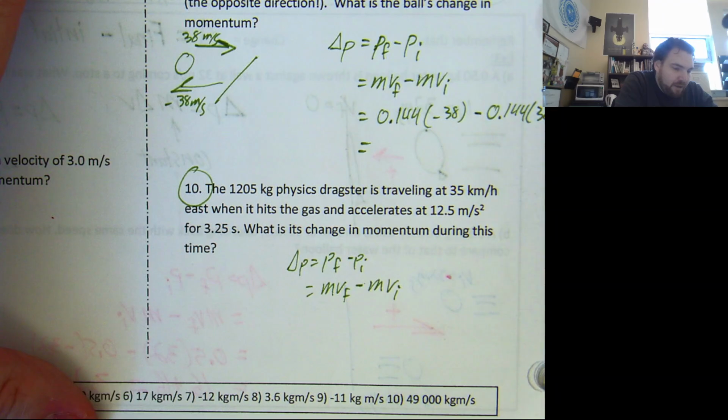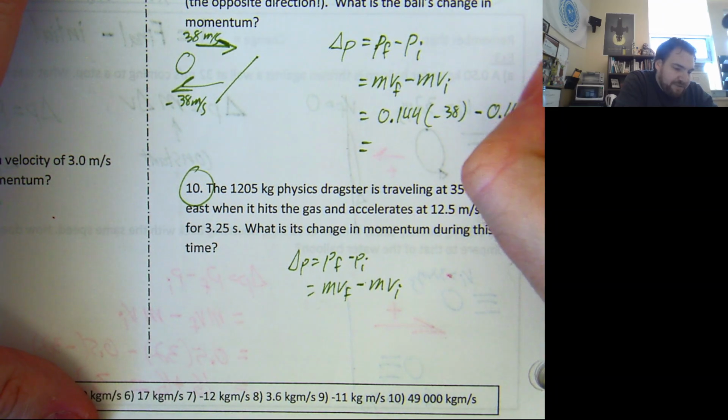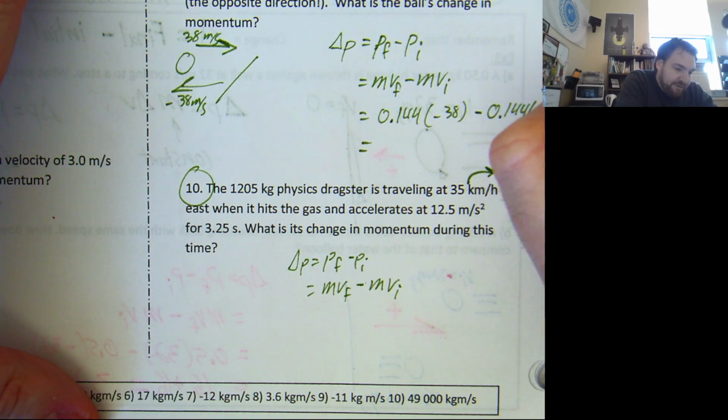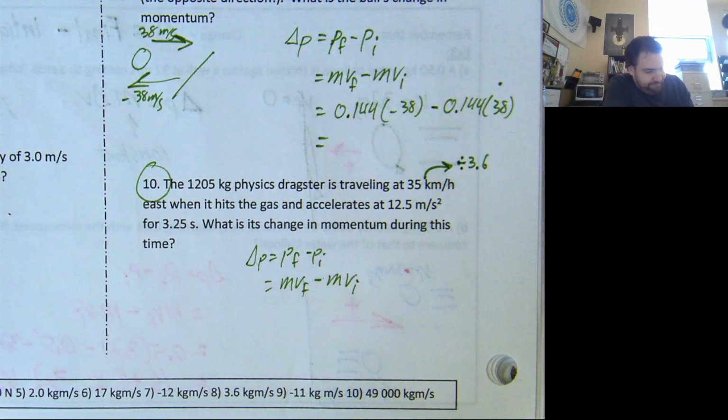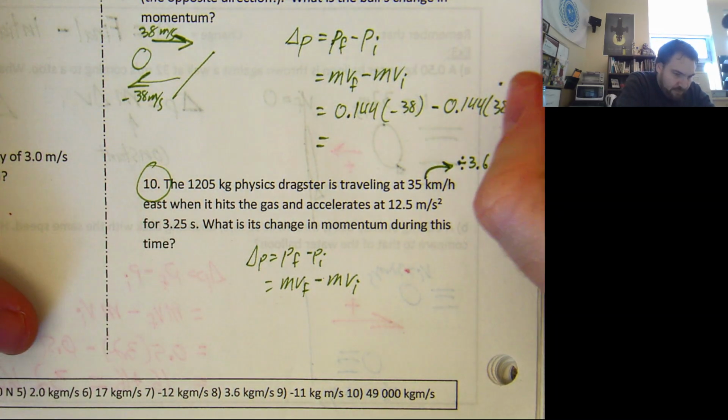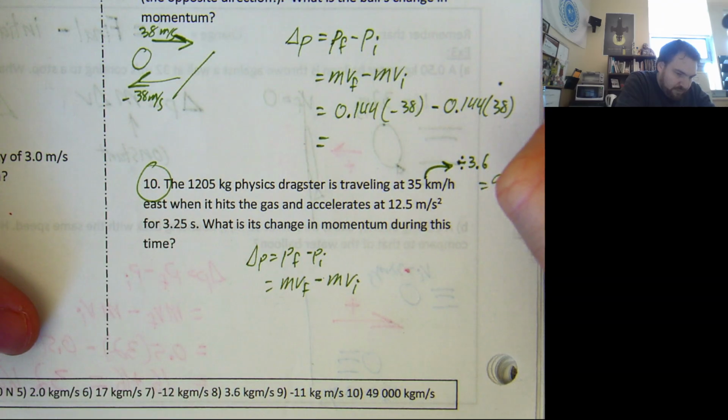So the 35 kilometers per hour, we're going to have to divide that by 3.6 to turn that into meters per second. So what is that? 8 something? 9 something? 9.7 meters per second.